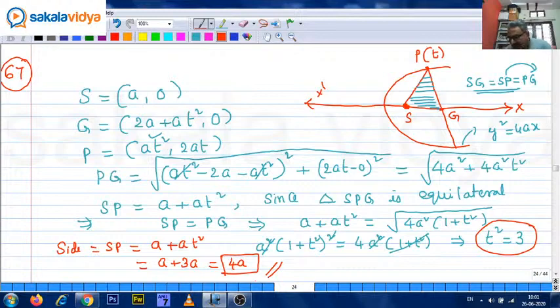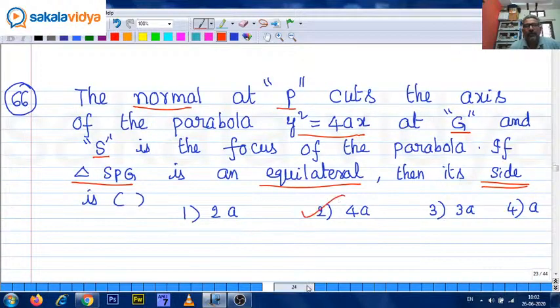All of you check your answers. Option 2 is the right option.